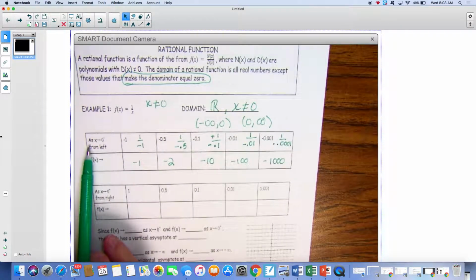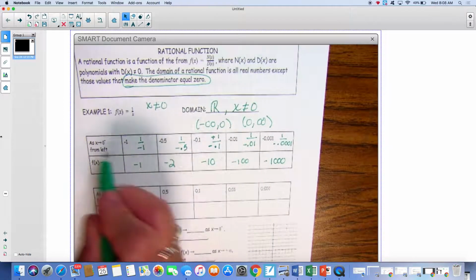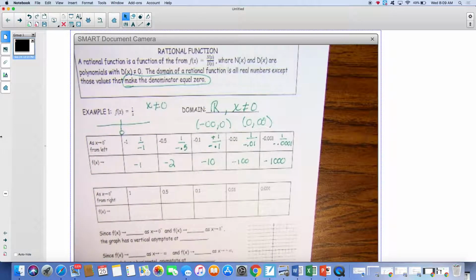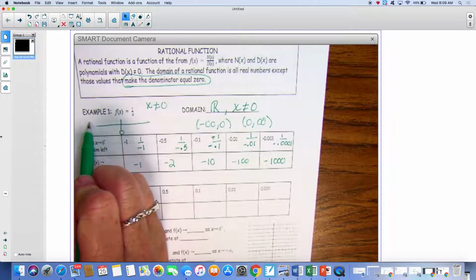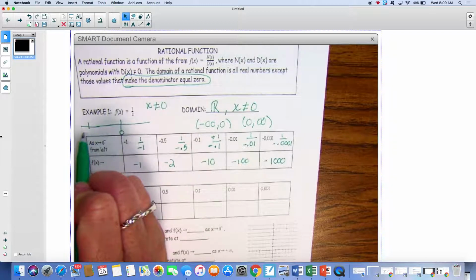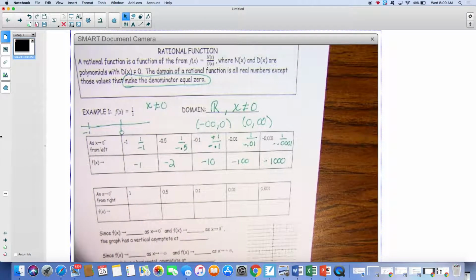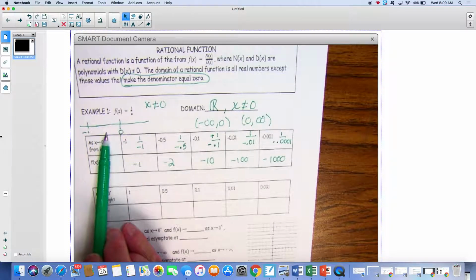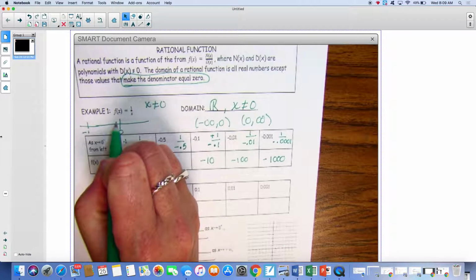So what happens as x approaches 0 from the left? What does this mean? Here's 0, and if this is negative 1, where is negative 1,000th located on this number line? It's really close to 0.